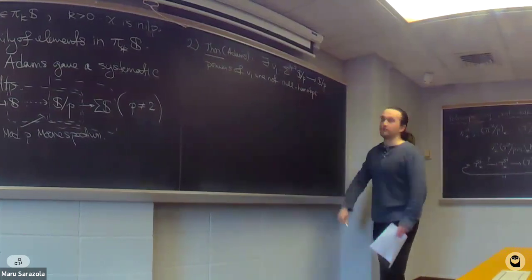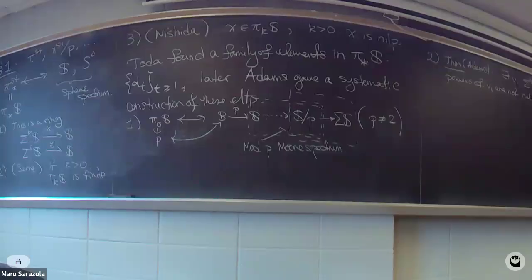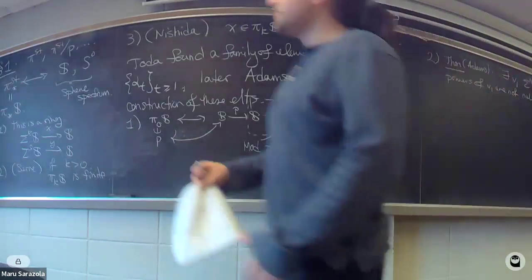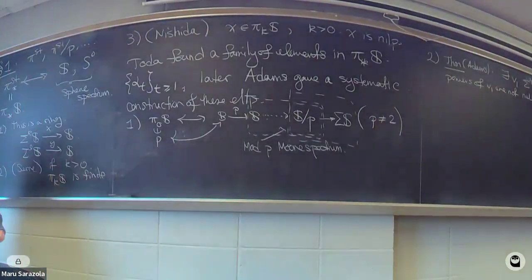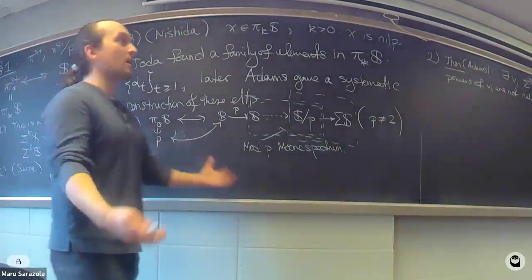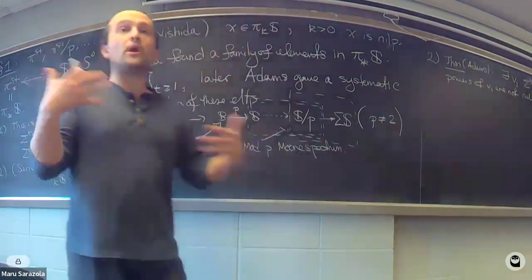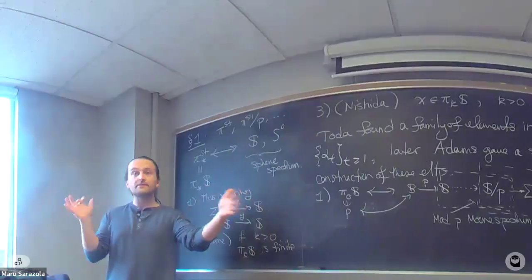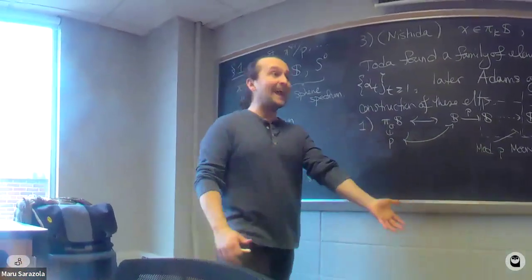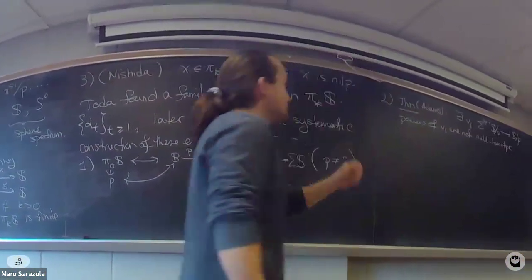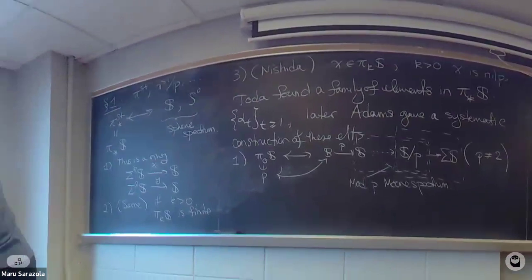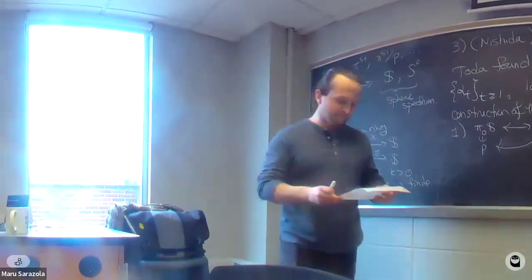This is very important because, if you want to produce interesting maps or interesting elements in the stable homotopy of spheres, you better be sure that all of these maps you're thinking about are not going to be null homotopic. Otherwise, when you try to stick a bunch of stuff together to build something, you're not going to get anything interesting at all.